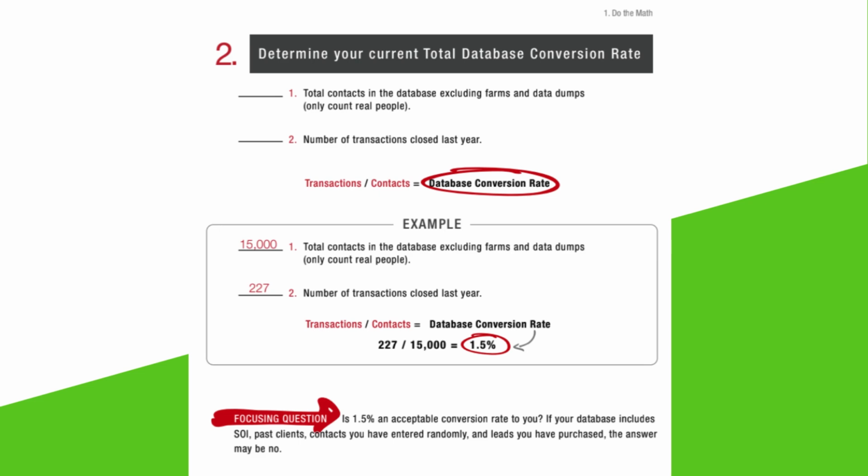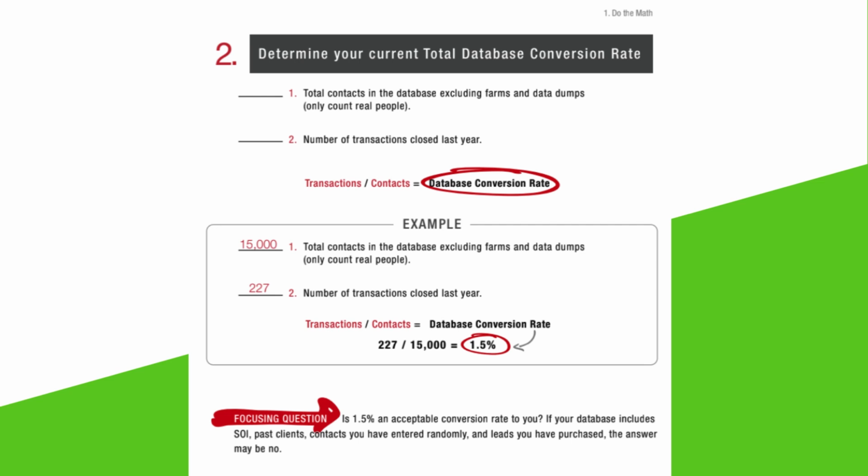All right, next piece. In this particular example, we want to determine the total database financial opportunity that exists. In our example, we're going to use a 4% conversion ratio. Again, they didn't pick that number by accident.